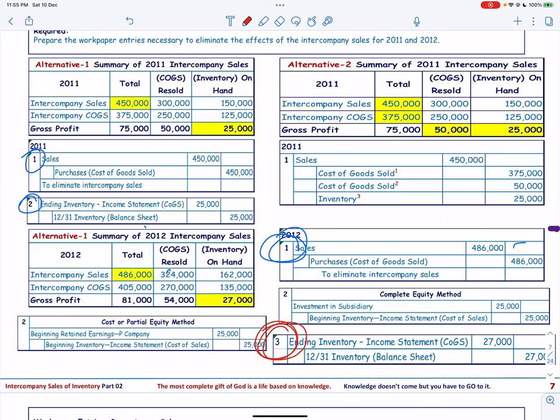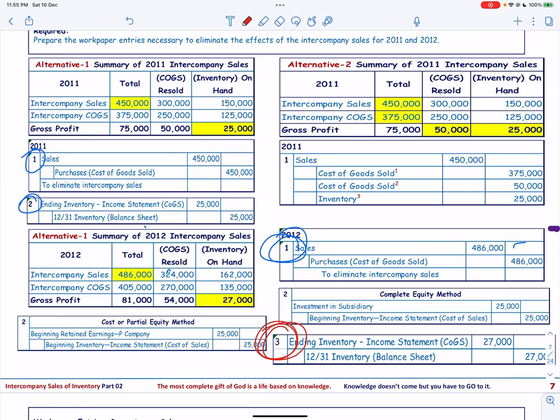it will be different in the case of upstream sales, because when the subsidiary sells to the parent company, the parent company will have to identify what part of the purchase is a non-controlling component and what part is a controlling component.